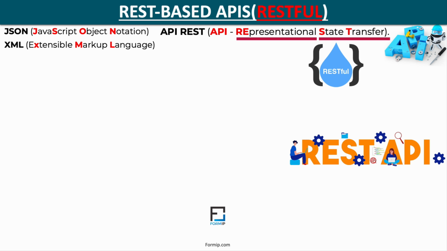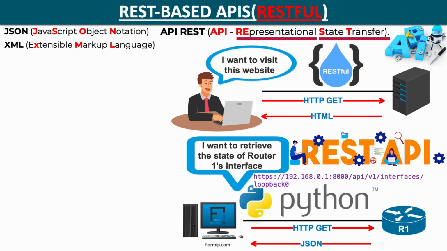And the state transfer means that every operation with a REST API is self-contained. REST APIs typically use HTTP, Hypertext Transfer Protocol, to retrieve or send information between applications. These are the same HTTP methods which we use with a web browser to visit a website, except that here, it's used to interact with an application.